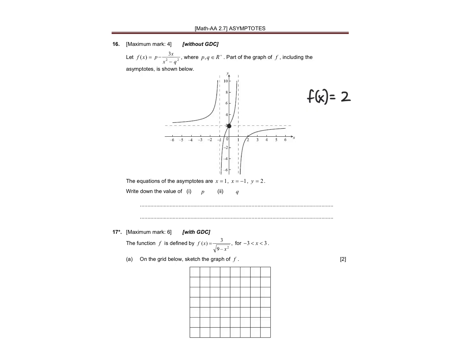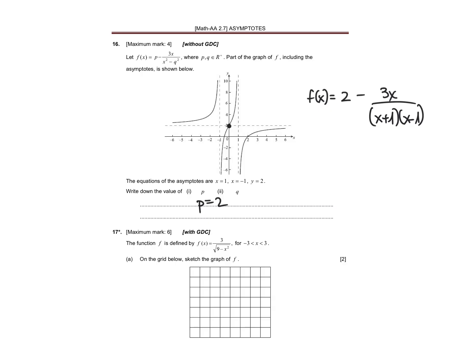So P is 2, and then we have minus 3x over, and because I've got 2 vertical asymptotes, I can write x plus 1 and x minus 1. So plus 1 for the negative one and minus 1 for that one.